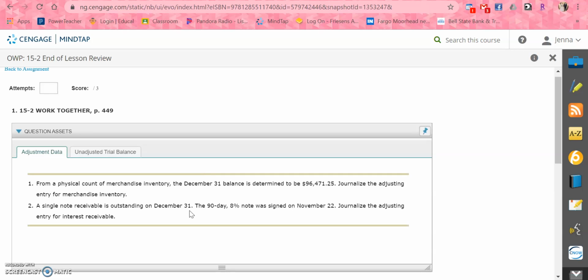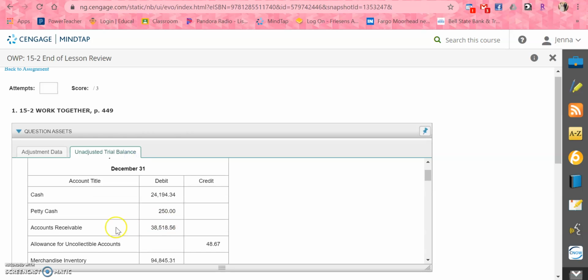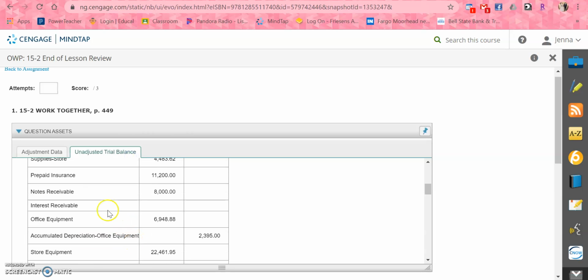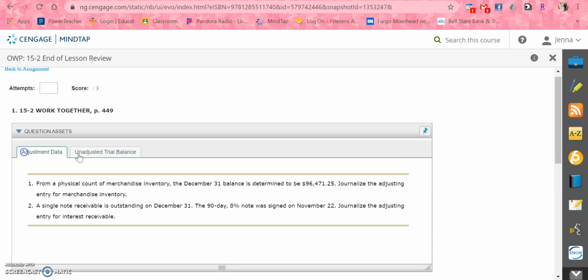Now I have to figure out how much interest then I earned. So I'm going to take $8,000, which was the note. Remember, I got that from my unadjusted trial balance on my notes receivable. There it is, the 8,000. Then I'm going to look at my interest rate. My interest rate was 8%, so I'm going to take 8,000 times 8%. And then I'm going to look at the amount of days that I earned interest.